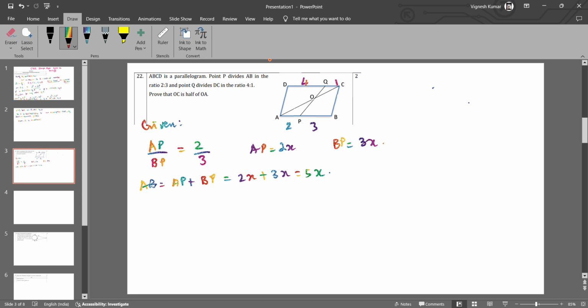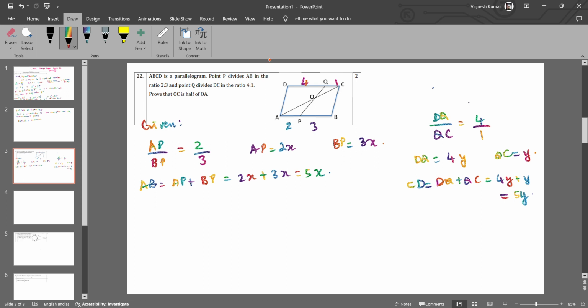It is also given that DQ by QC is 4:1. So let us take DQ is equal to 4y and QC is equal to y. Since the common term here and here need not necessarily be the same, let us take it as y. So we can write CD is equal to DQ plus QC, so 4y plus y, which is 5y.